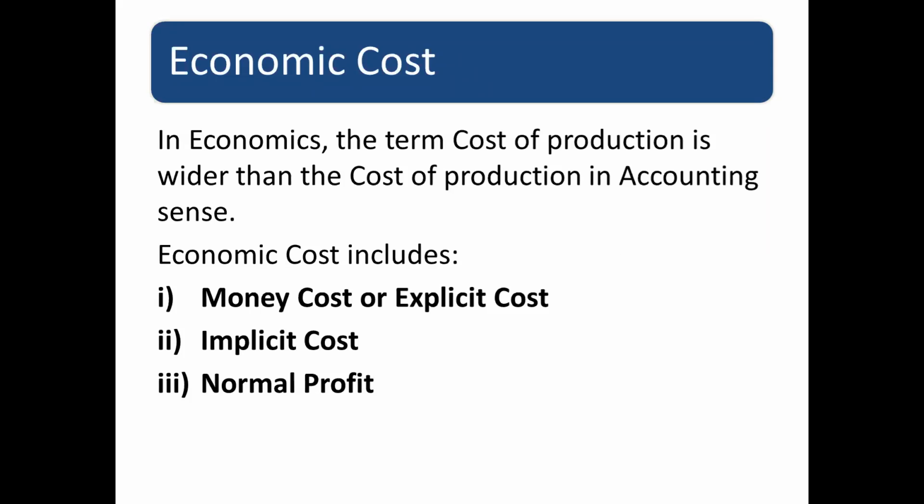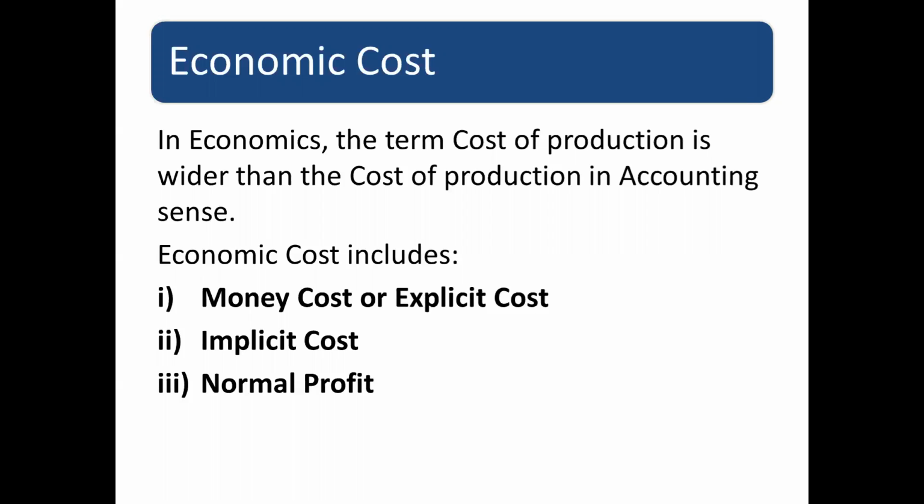And normal profit. Normal profit is an estimated expected return, minimum. A producer, when he starts his business, expects a minimum reward without which he will not work. So if he's not able to get even 2% or 5% of the investment as profit, he will not even run the business, he'll close it.